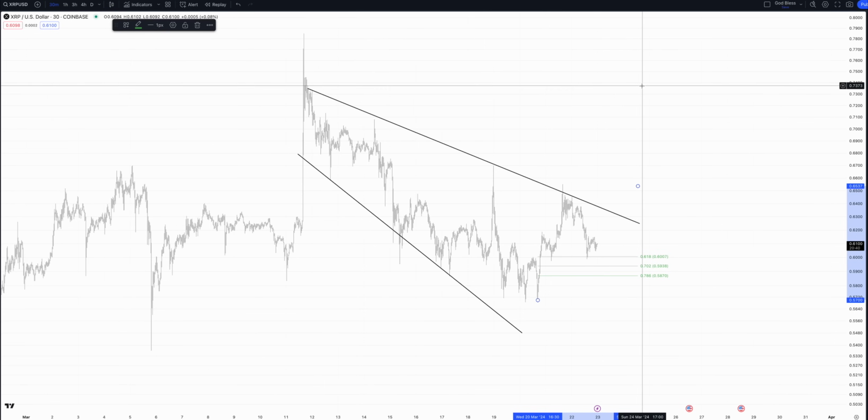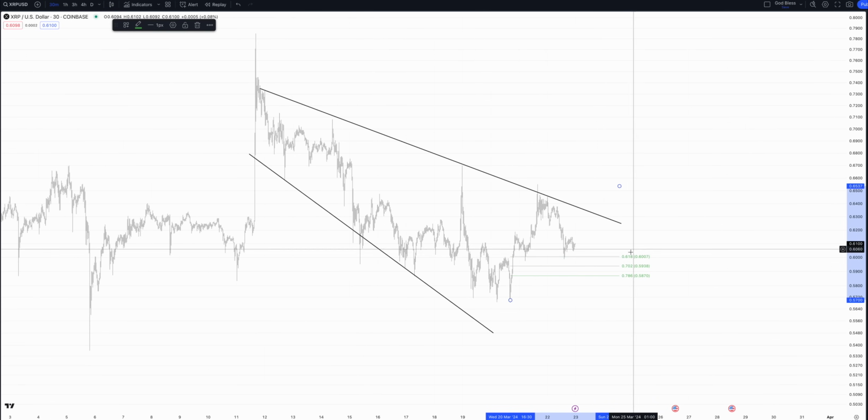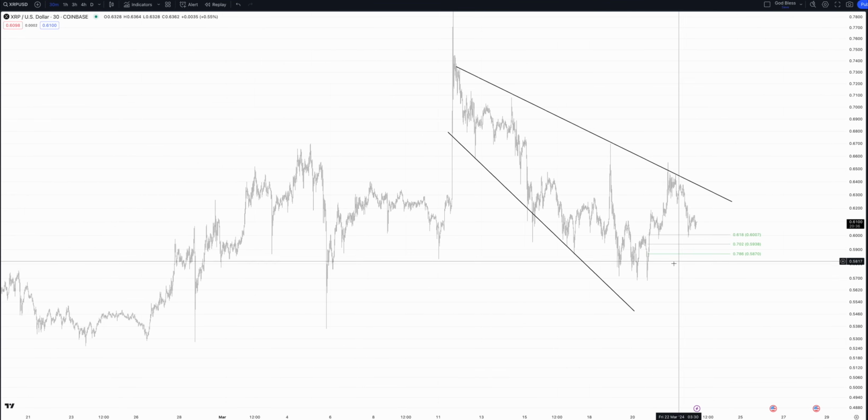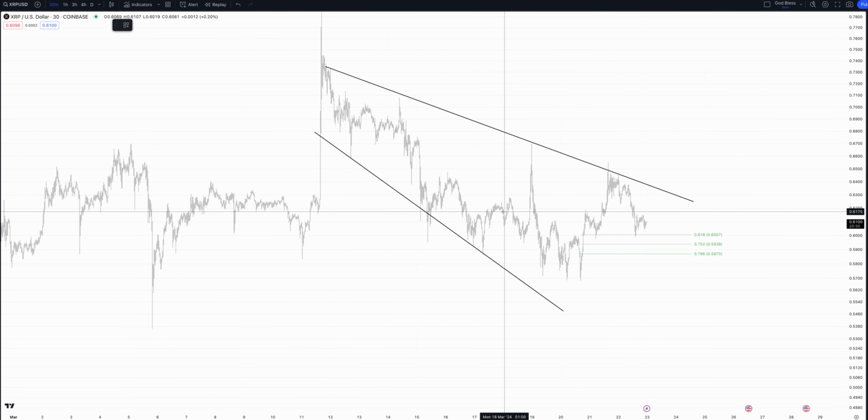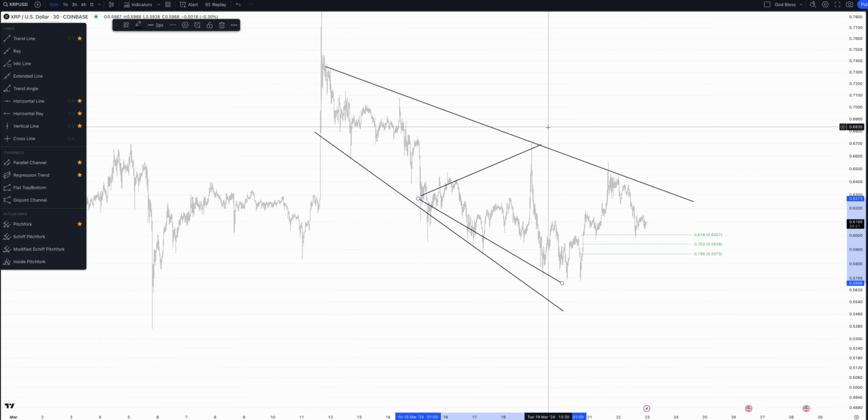So it wouldn't surprise me we have that breakout soon. But I mean, if you lose 0.5938, then we're going to come down and sweep this low just to finish up your wave 5 of C. So we have a bullish descending broadening wedge pattern with a diamond bottom pattern forming.